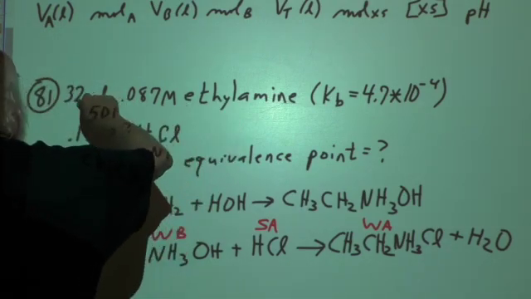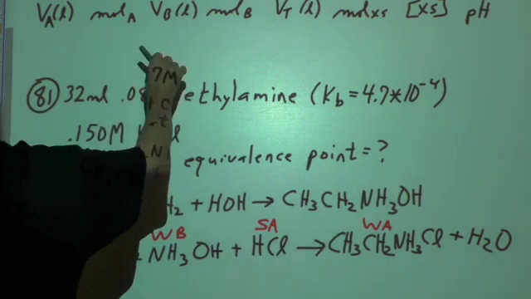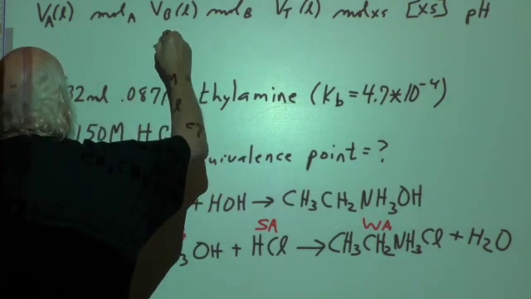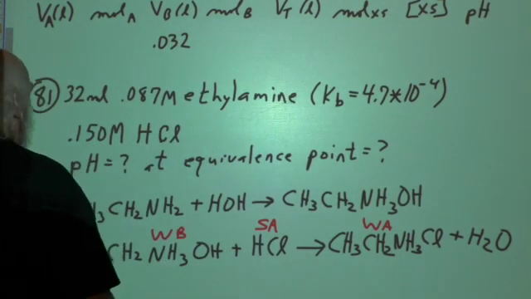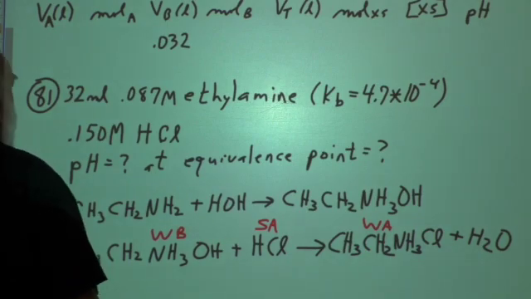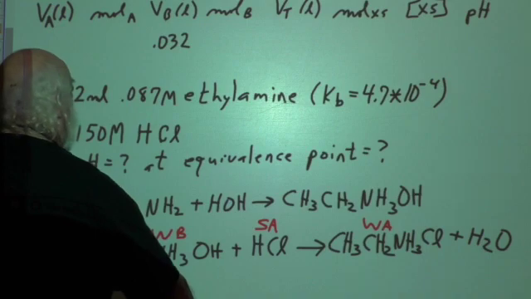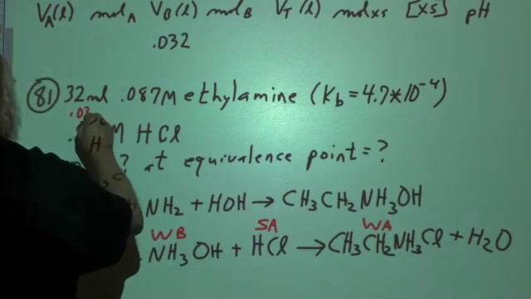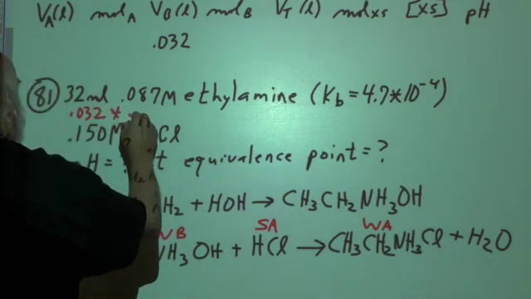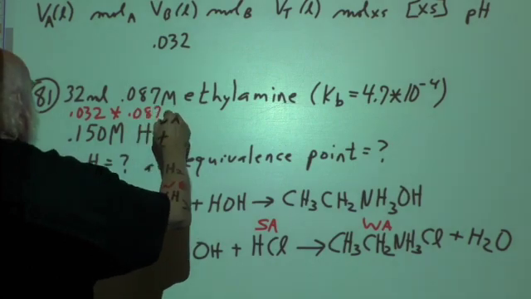This is the weak base. We got 32 milliliters, which is 0.032 liters. To figure out the number of moles we have, we multiply 0.032 times 0.087 moles per liter.